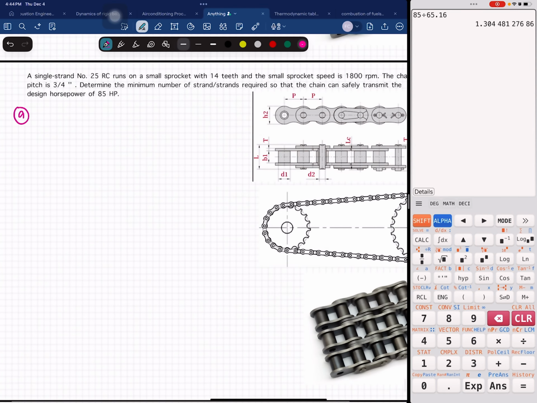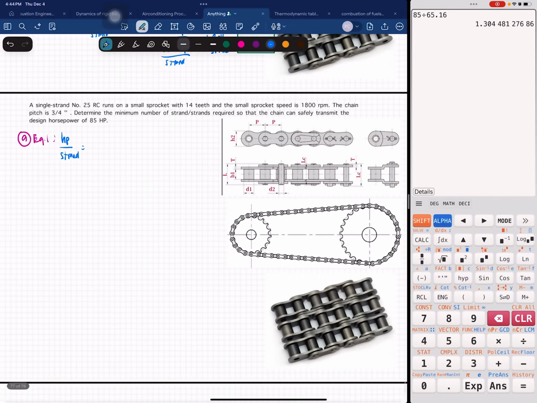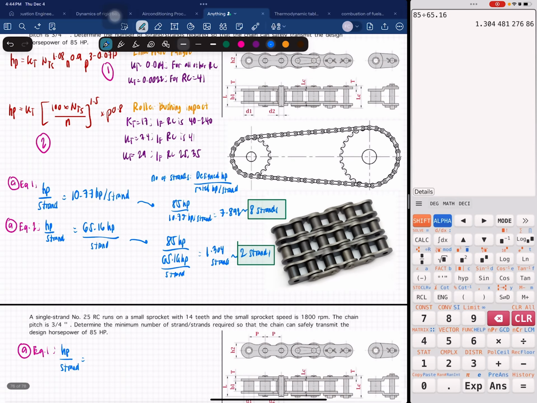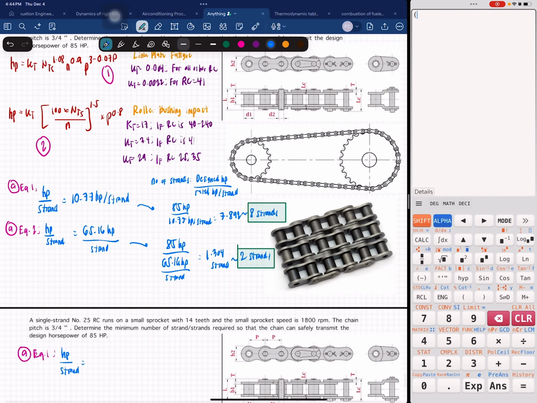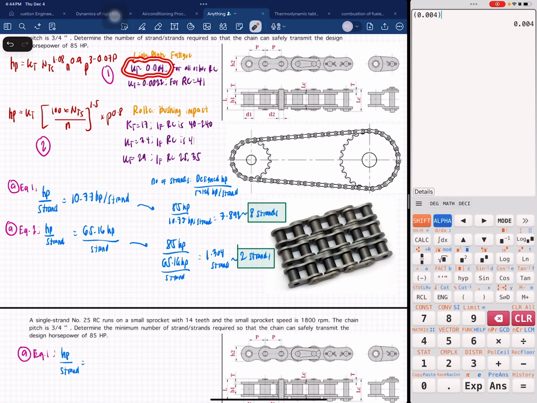So at equation 1, what is the HP per strand? Let's try using that equation. It's still 0.004 since we're using roller chain number 25.